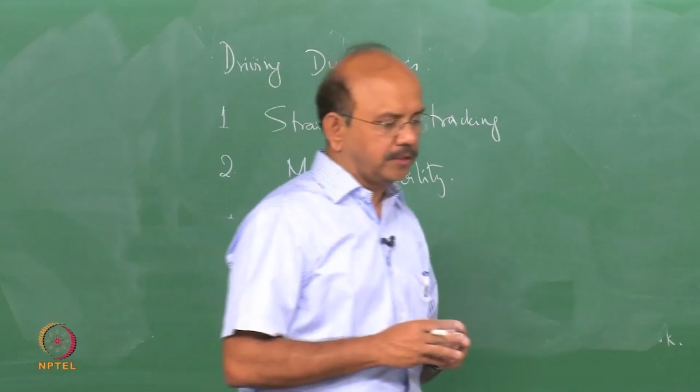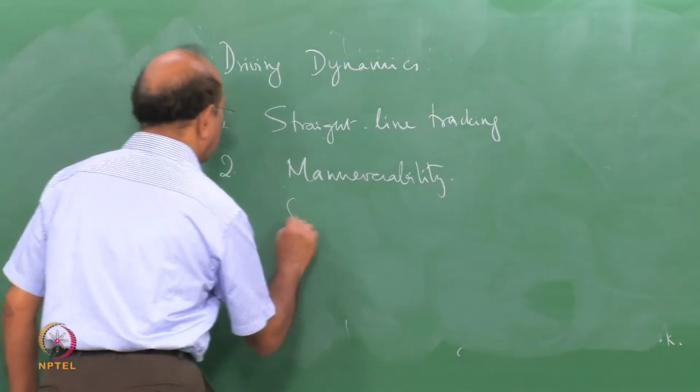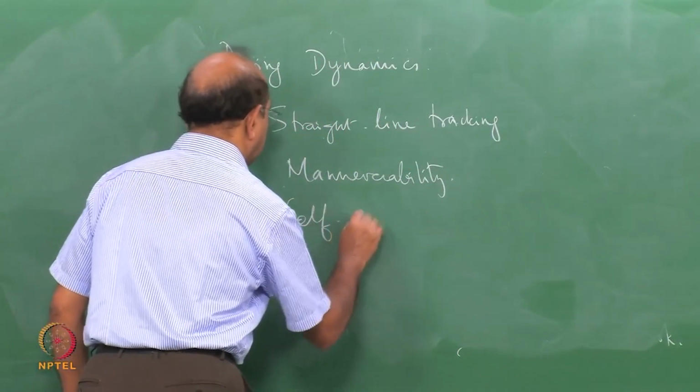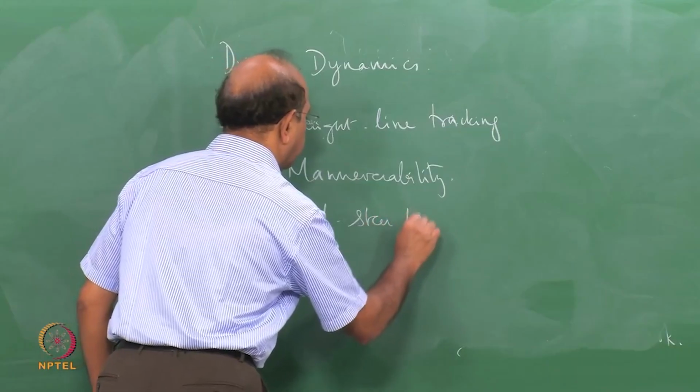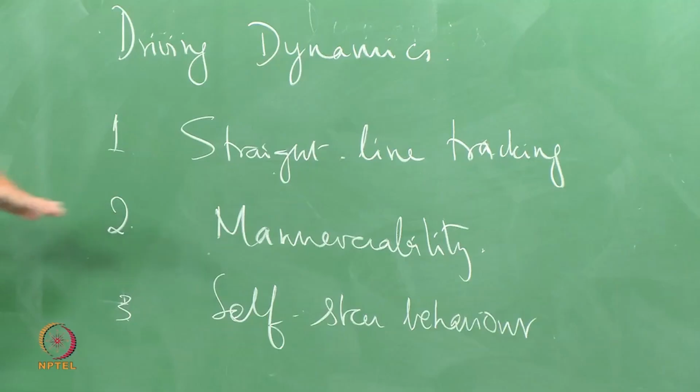We are going to introduce things like self-steer behavior. Watch out that we go from terms which you understand from pure English to terms which you are not going to make out that easily unless you know the definitions.